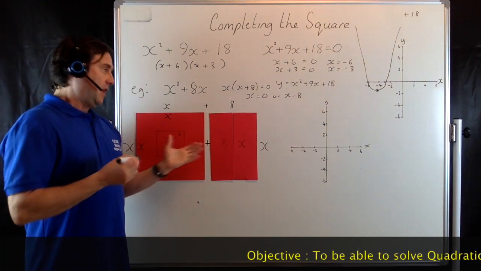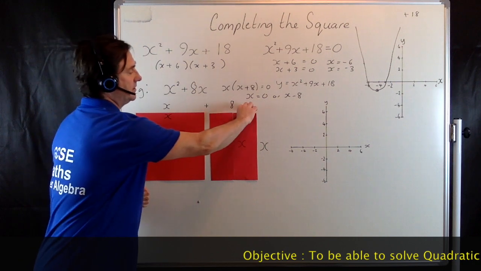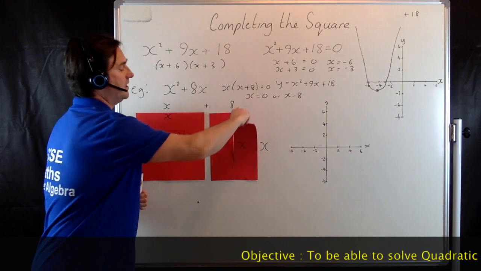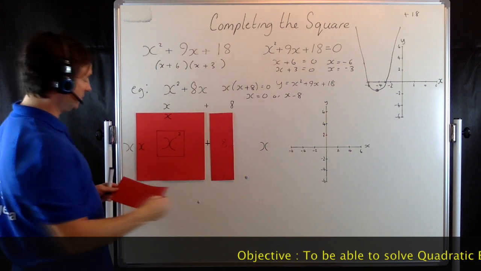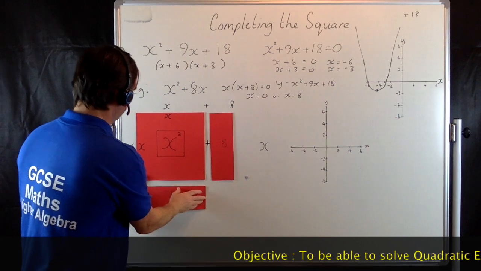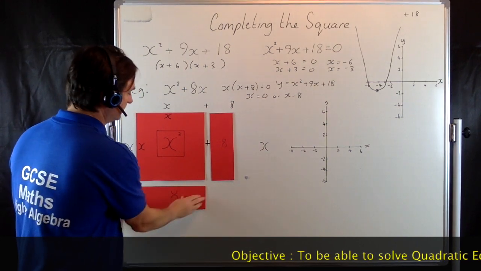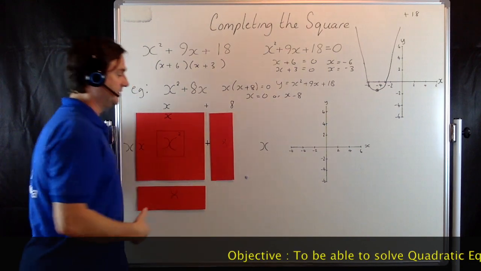So I'm going to start off by splitting this second term. I'm going to take this bit away from here, split it in half, and position this underneath here, like that. So now I've just moved this part from here underneath.